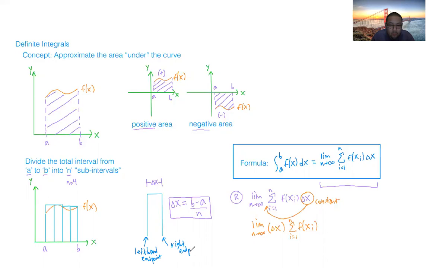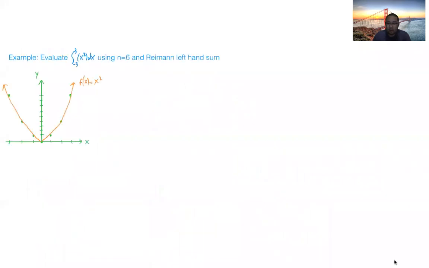I'll show you what we mean by that in context. So, left endpoint, right endpoint, and let's get into that.